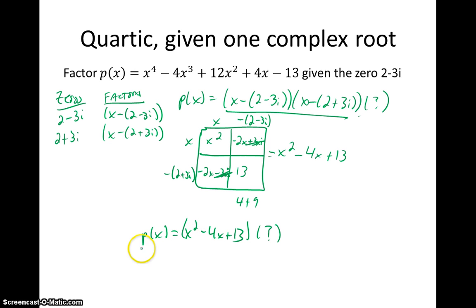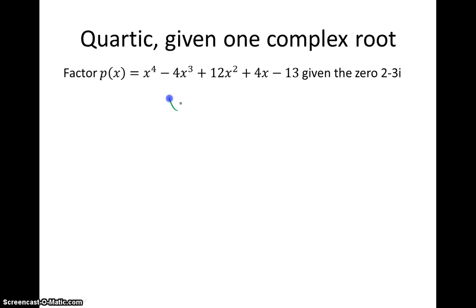So if we do long division by this quadratic, we'll be able to get our question mark. We'll do that on the next slide here. So x squared minus 4x plus 13 is what we got there. So it's this guy multiplied by some question mark is our p of x. So we're going to do long division by the x squared minus 4x plus 13 to find that question mark.